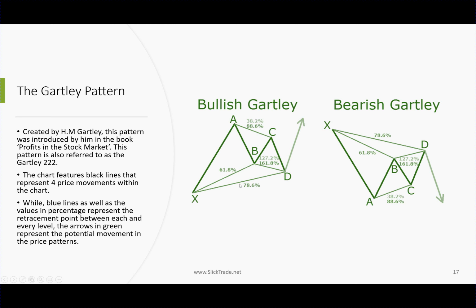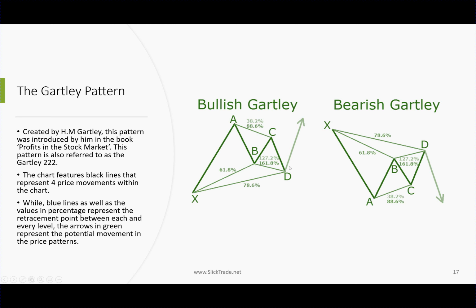Here are your Fibonacci ratios. The B is sometimes referred to as the eye of the pattern, the center. And these arrows, which may or may not show on your harmonic pattern indicator, EA, or whatever it is that you use, just show price movement.